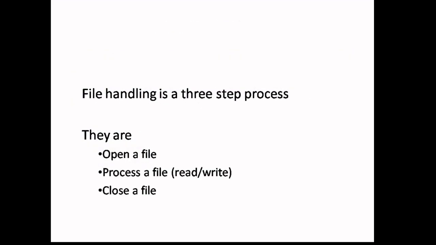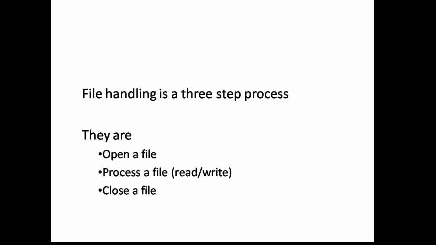For any kind of file, whether it is a random file, sequential file, or binary file, the file handling process involves three different steps: open a file, process a file, close a file. The first step, in order to handle the file, is to open the file.